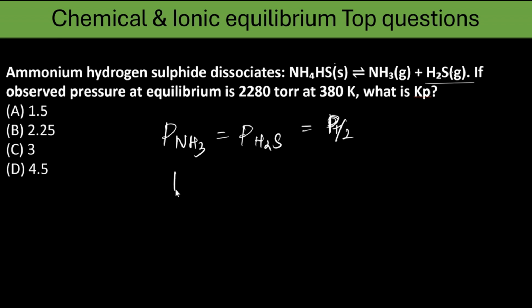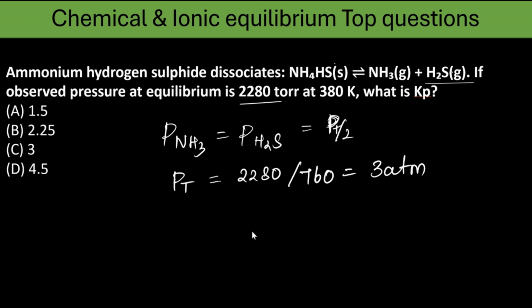Now, let's find out P total. P total is given as 2280 torr, divided by 760 to get it in atm, which comes out to be 3 atm. So what about the ammonia partial pressure?